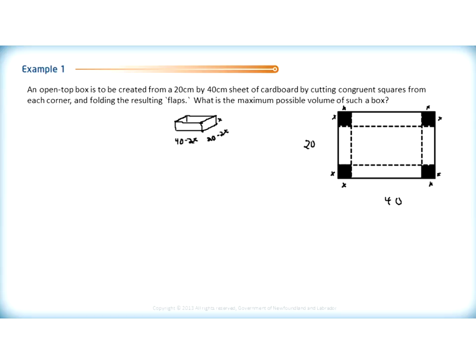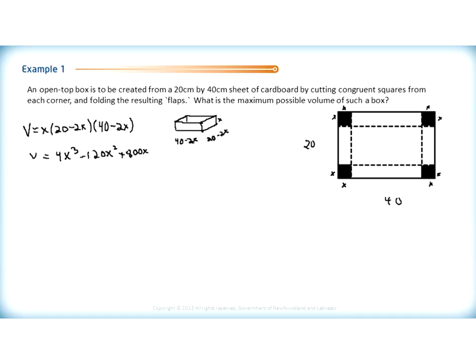So our total volume equation is going to be volume equals x times (20 minus 2x) times (40 minus 2x). We can expand that and put it all together, and I think we get 4x cubed minus 120x squared plus 800x.